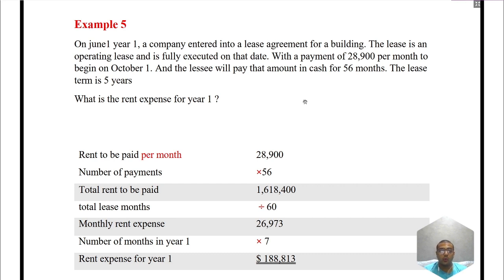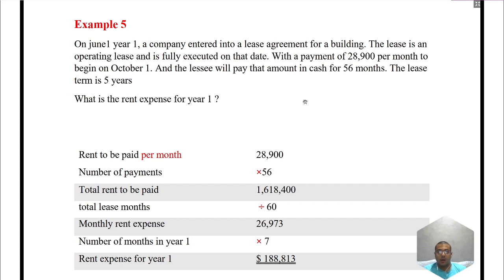We have 4 months that we're not going to pay any cash in. So the $28,900 is not your rent expense. So you have to adjust that amount to find the rent expense that you're going to put in your debit side.